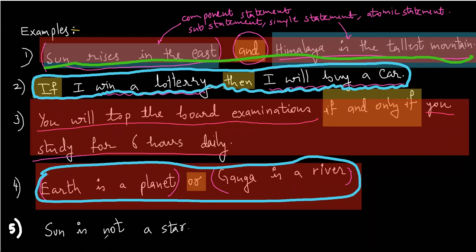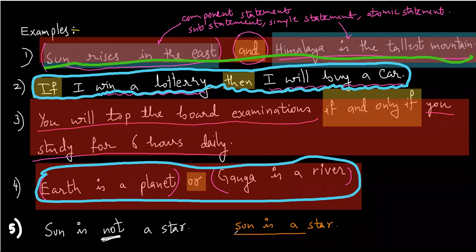You are using the word not to negate a statement. Suppose you had a statement earlier, sun is a star.